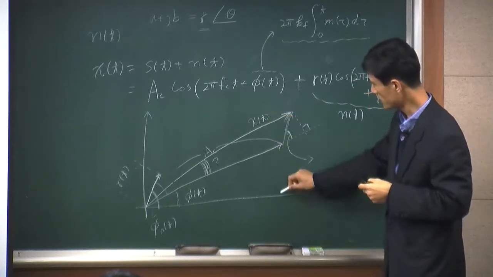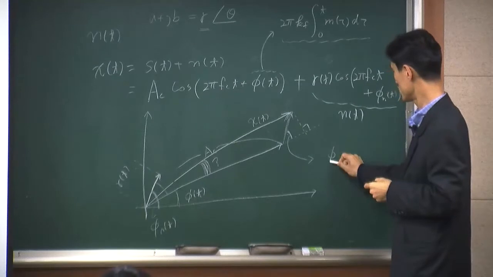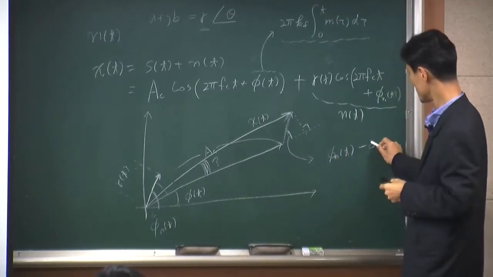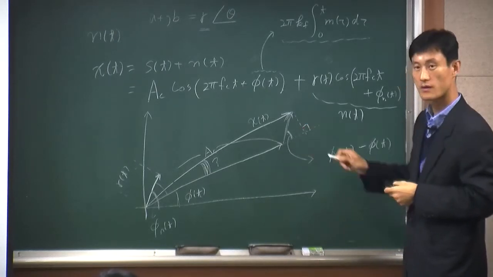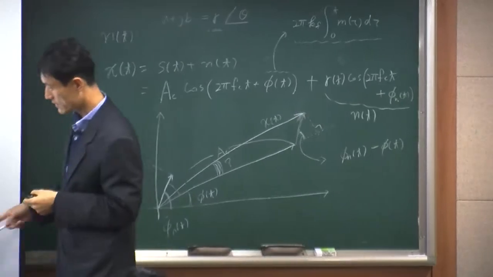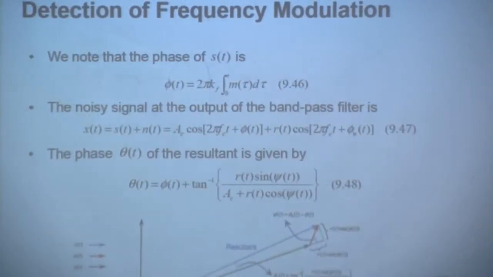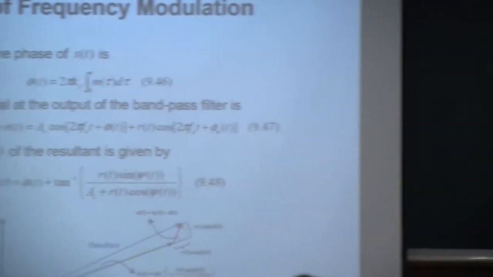This whole thing we know is phi n t, minus this angle, phi t. So that's our angle here. Let's call this one psi, psi t. That's this angle.